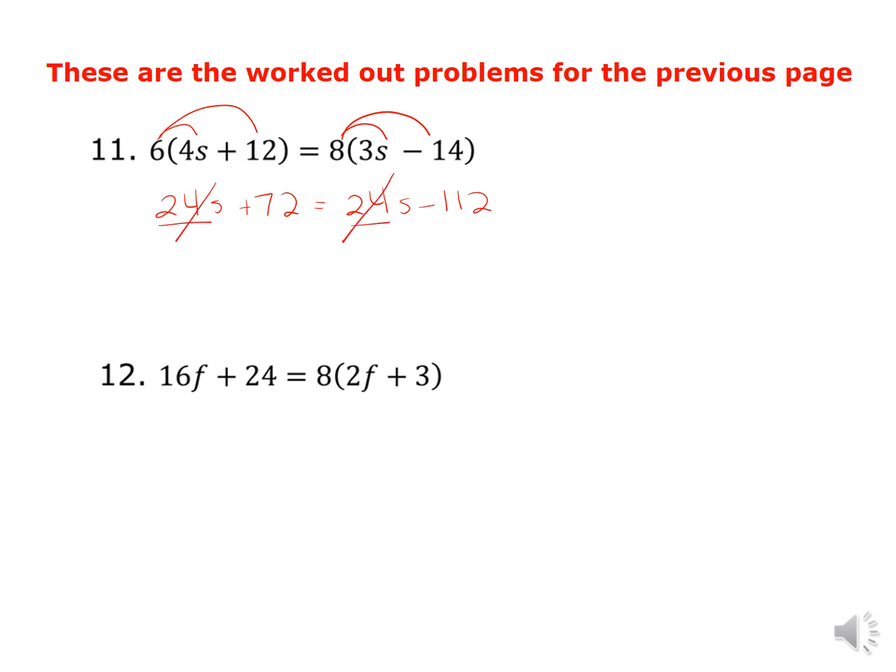Those cancel each other out. I get 72 equals negative 112, which is not true, so that is the null set. Okay, so over here I'm going to distribute. I get 16f plus 24, and I can see that that's exactly the same as that. So this has infinitely many solutions.